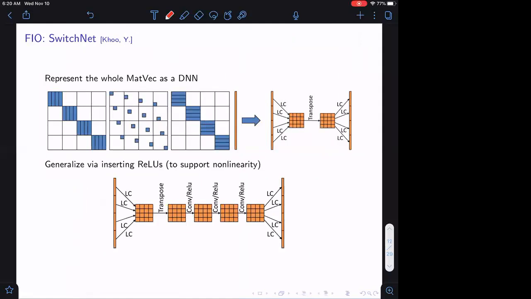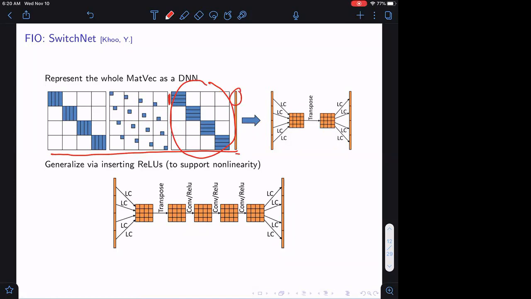Now we ask ourselves, how do we represent the matrix-vector multiplication of this butterfly factorization in terms of a neural network? In the first step, we multiply this with the column vector. What it does is kind of like a local convolution, because all these outputs are only associated with the first chunk.